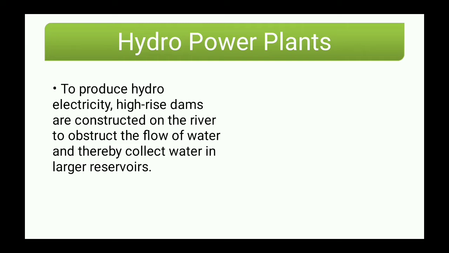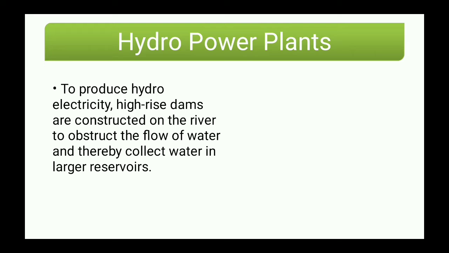To produce hydroelectricity, high-rise dams are constructed on the river to obstruct the flow of water and thereby collect water in larger reservoirs. Okay, so in a dam we have collection of water, right? It is in a large amount over there, which can be used to generate electricity.